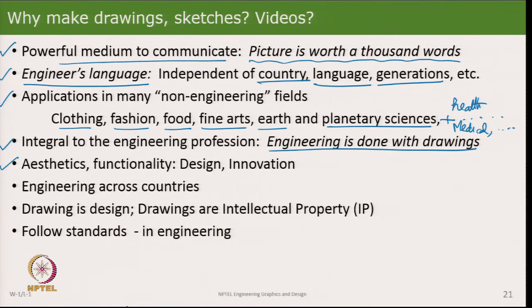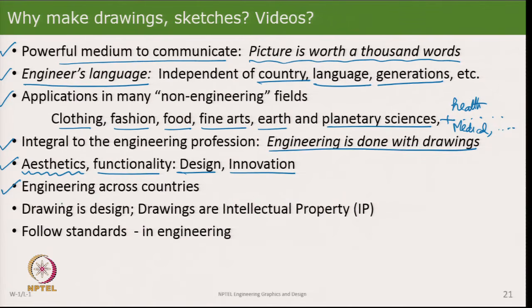Then there are certain aspects which engineering drawing does not have, but drawing in general has, and that has to do with design and innovation, where issues like functionality of course have to be met, but one also worries about the aesthetics. It should look nice, it should appeal to people, it should be safe. All of that comes in over here.